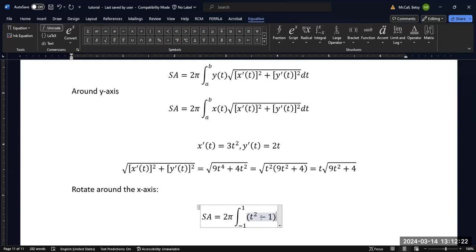And then our arc length component, we already simplified to t times the square root of 9t squared plus 4 dt. And we can simplify that a little bit.